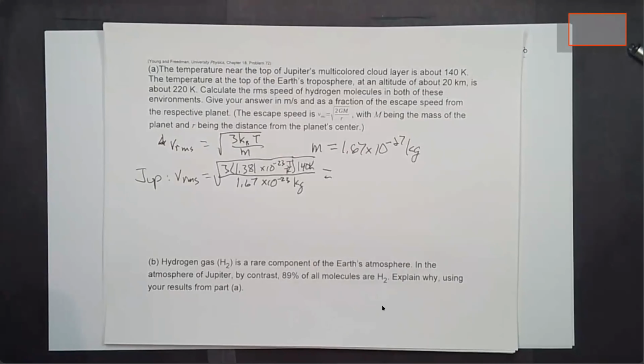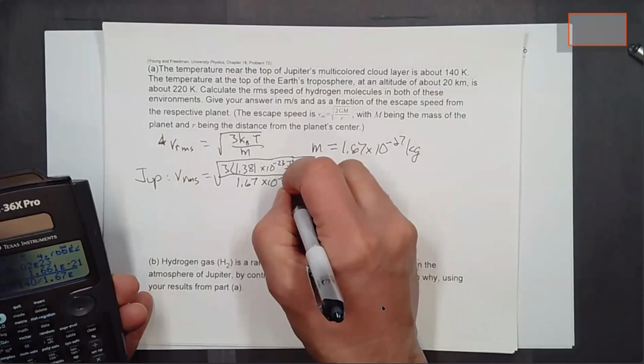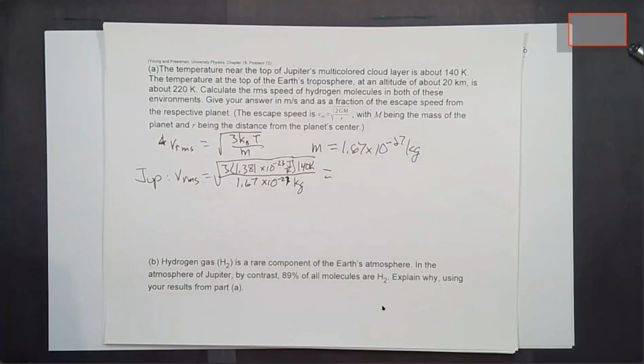So on Jupiter, let's see. Whoops, that's a minus 27 here, not 23.